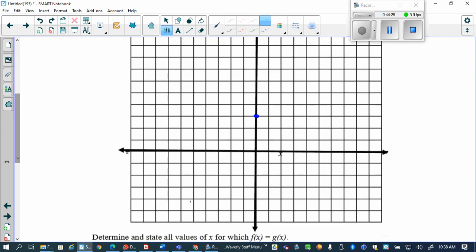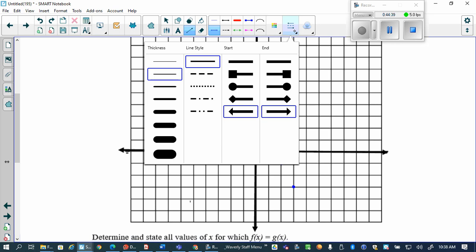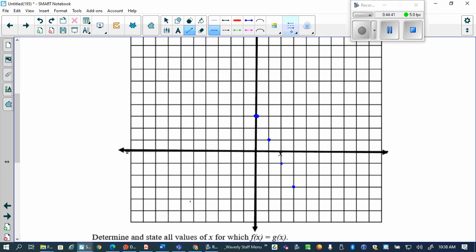Down 2, right 1. We'll do it a couple times, just to be accurate, and take your straight edge too. I'm on a double arrow, I think. Yes. There we go again then, huh?